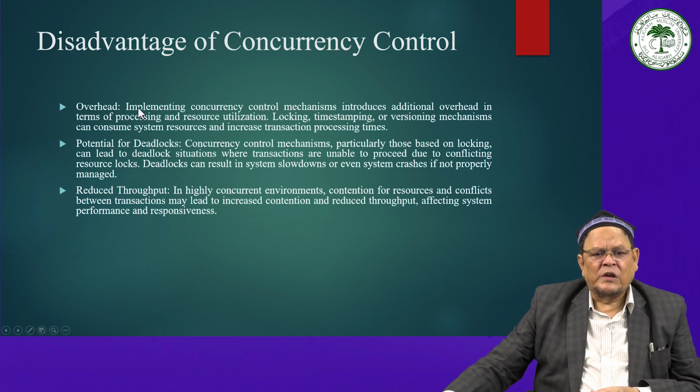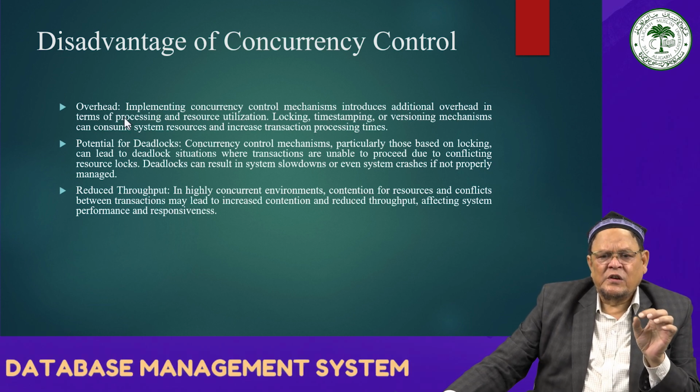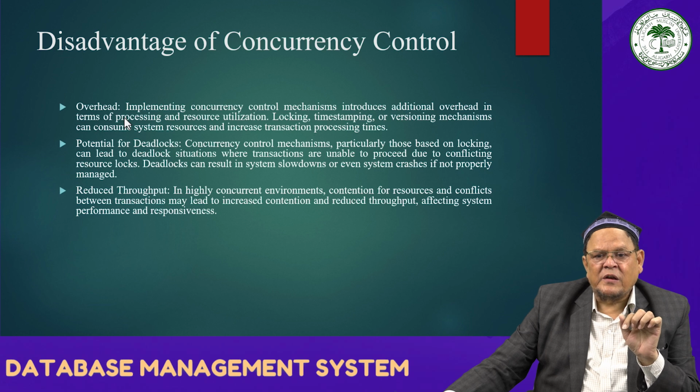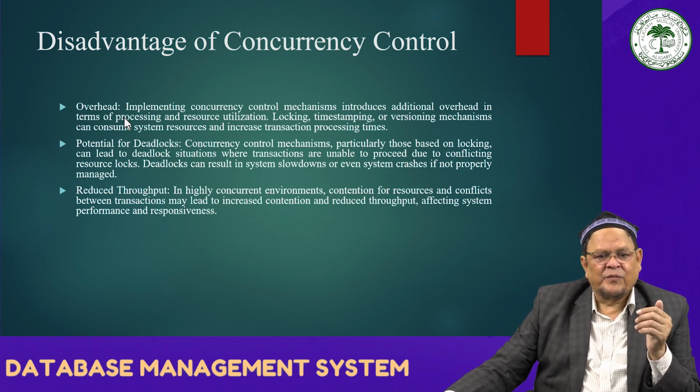Implementing concurrency control mechanisms introduces additional overhead in terms of processing and resource utilization. Locking, timestamping, or versioning mechanisms can consume system resources and increase transaction processing time. So overhead will be increased.